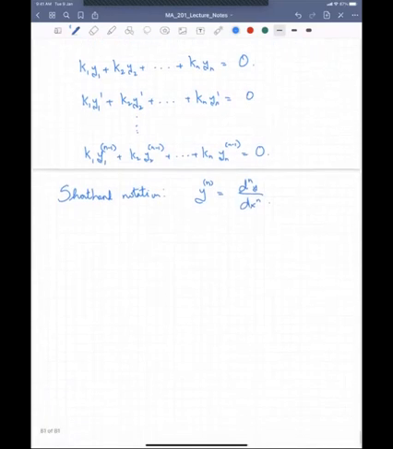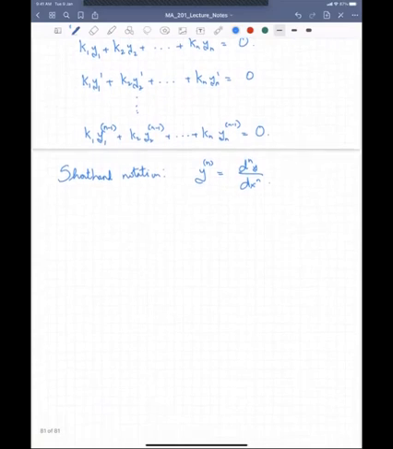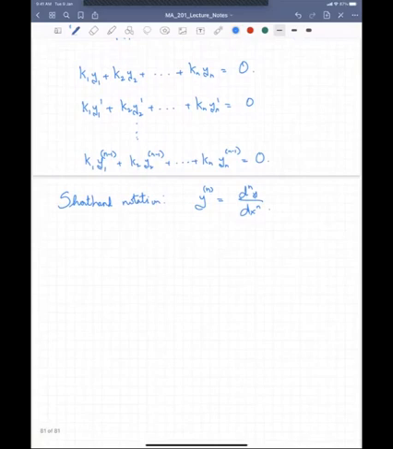So if I write yn, it means dny over dx to the n. Again, if all these solutions are linearly dependent, then the matrix of these guys has to be equal to 0. In other words, I can define a Wronskian in this case also.